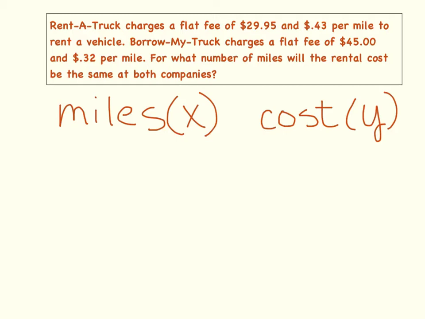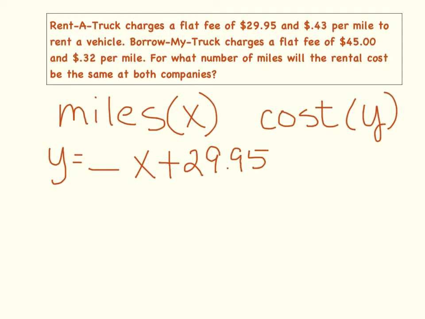Or if you're thinking of slope-intercept form of an equation, it would be the y-intercept or the b value. So let's get this first equation started. I'm going to say, y will equal something x plus $29.95, where y equals the cost, and x will be the number of miles that they're driving.